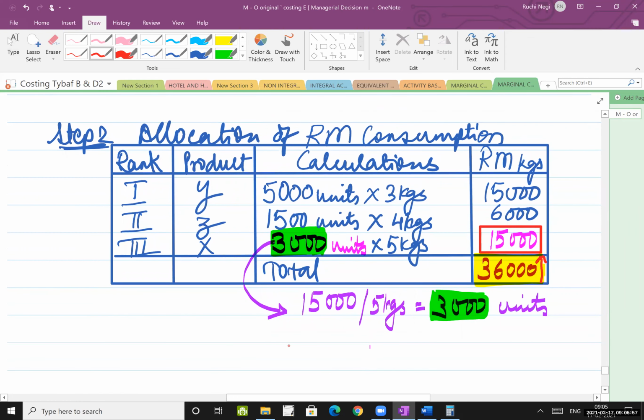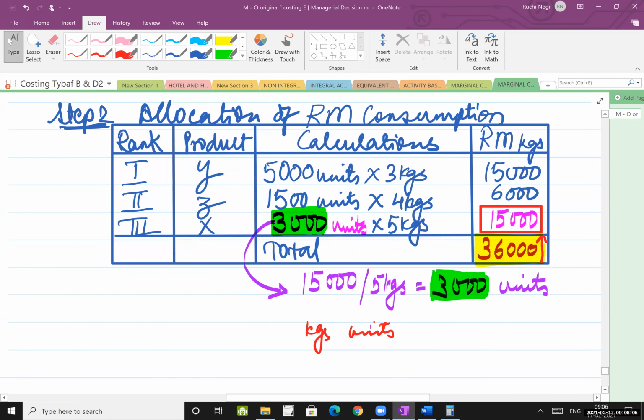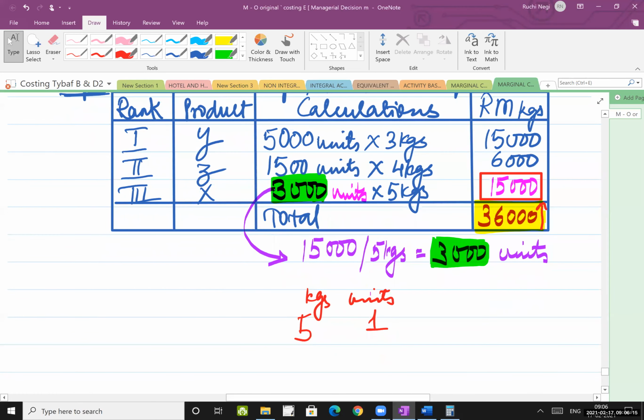You can use the other logic also where you're talking about kgs and units. Okay, so to make one unit, 5 kgs, so 15,000 kgs makes how many? Cross multiply, you get the same answer.